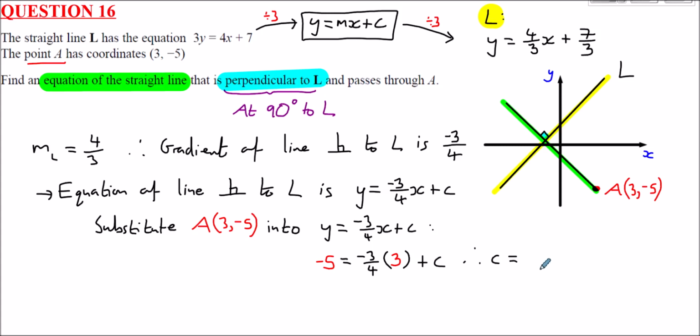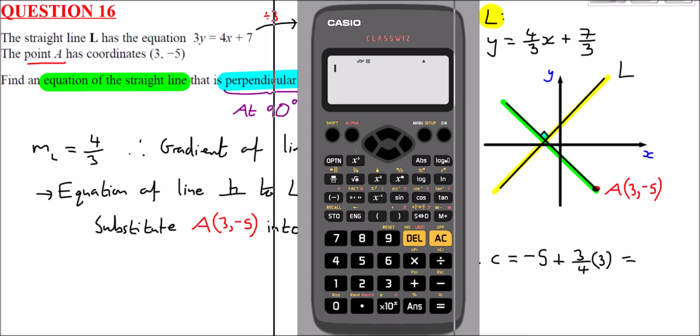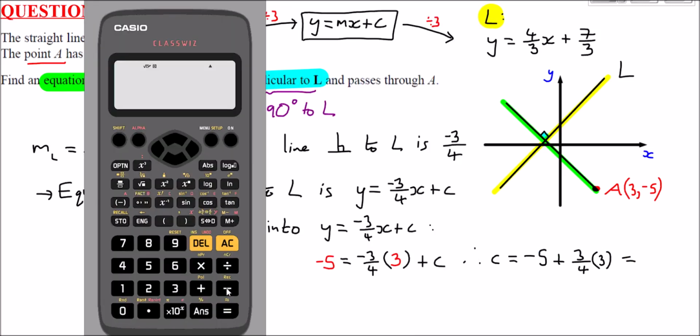Therefore c, if I add this to both sides, c will be -5 plus 3/4 times 3. So I can work this out now. -5 plus 3/4 of 3 gives us -11/4, which is -2.75.